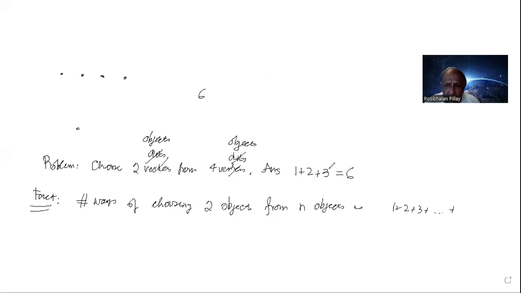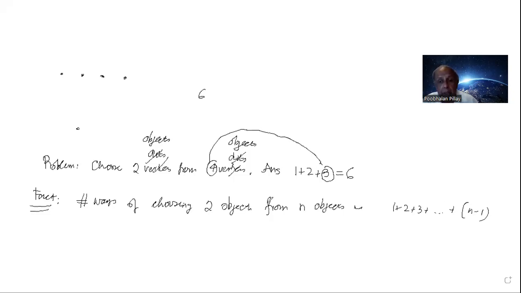Now see, we finished at 3 because we had 4. So here you'll finish at n minus 1, the number just below n. It's 1 plus 2 plus 3 up to n minus 1.